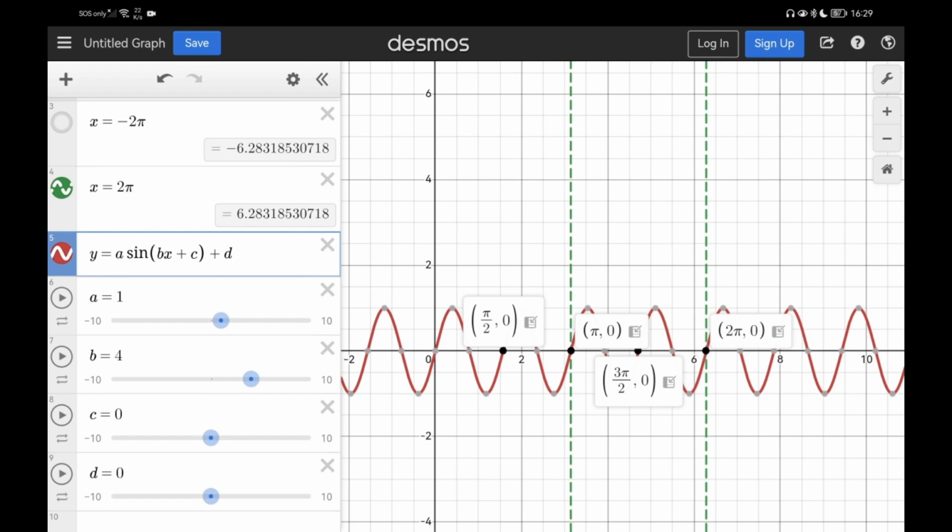This means that a complete cycle is divided by 4 to fit within 2 pi. So this is how the stretch in the x direction works.